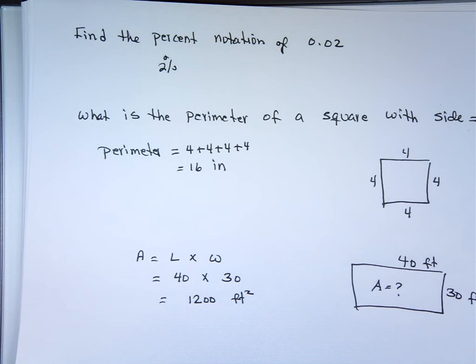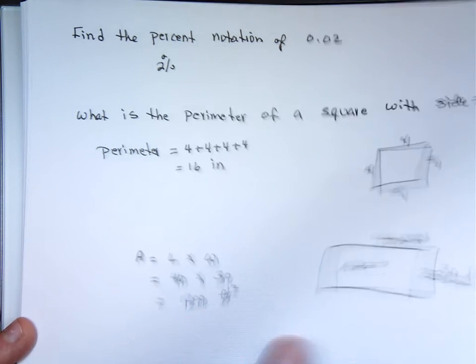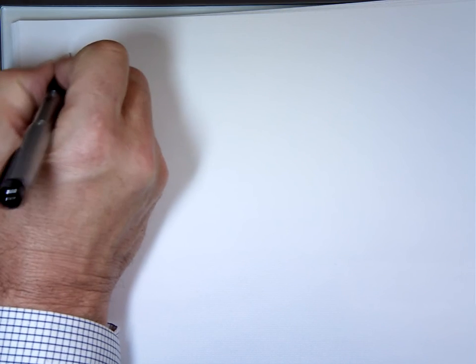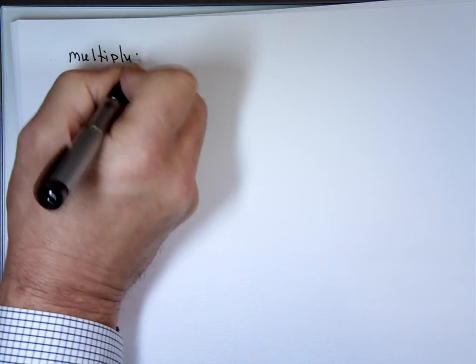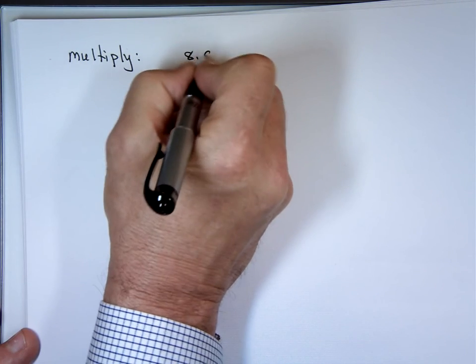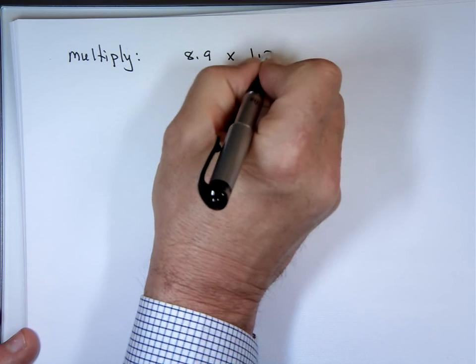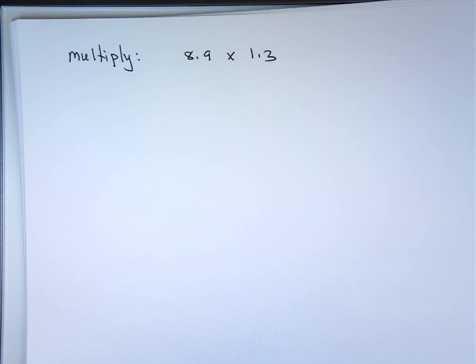Next question. Multiply. 8.9 times 1.3. So here we go. 89.